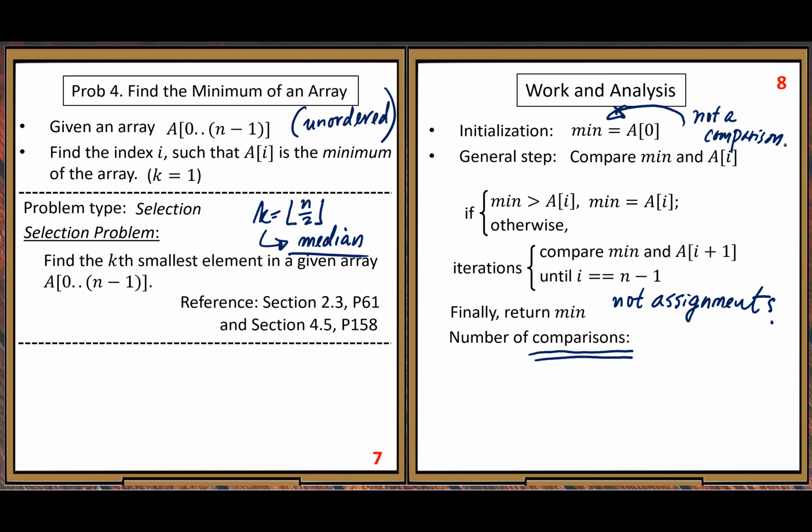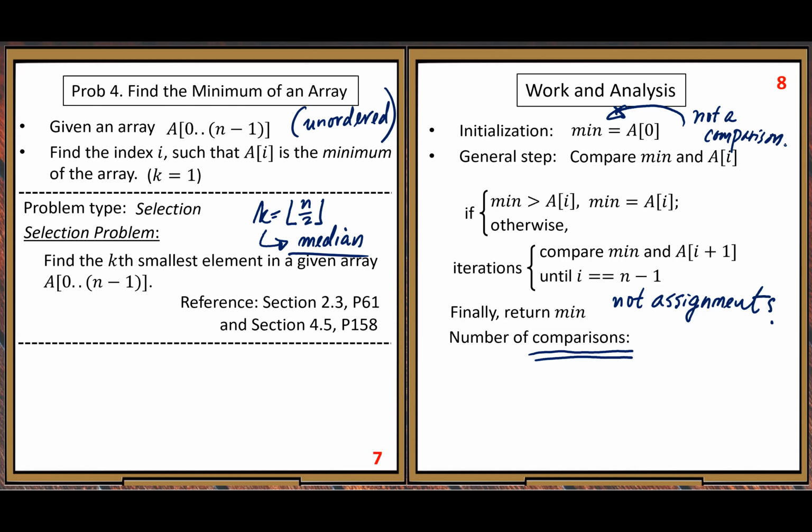Later, when I have a chance, I will explain why using the number of comparisons is better than using the number of assignments. So you can think about it. But here, we want to get the accurate, exact answer, not approximate. If approximate, N is a good approximation, only one difference. But if we like to have the exact number, then we need to use N minus 1.